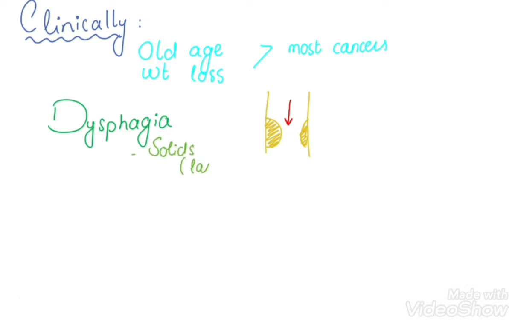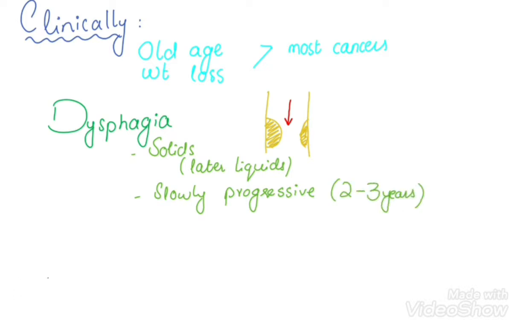When the obstruction increases in size, it is slowly progressive and develops over 2 to 3 years in most cases. Apart from it, hoarseness of voice may occur when the tumor grows out of the confinements of esophagus and invades the recurrent laryngeal nerve lying close to esophagus.